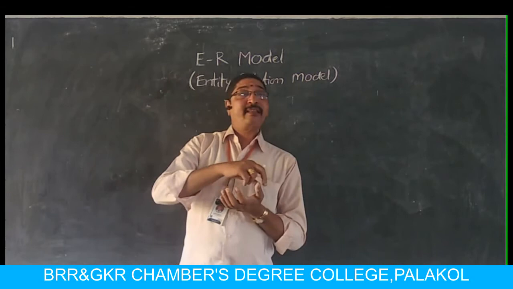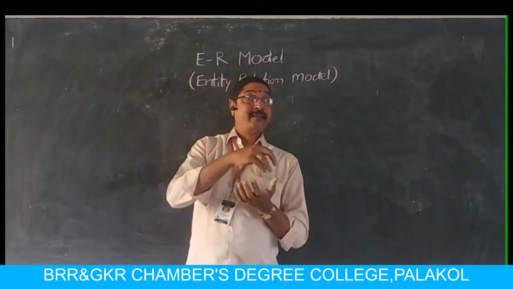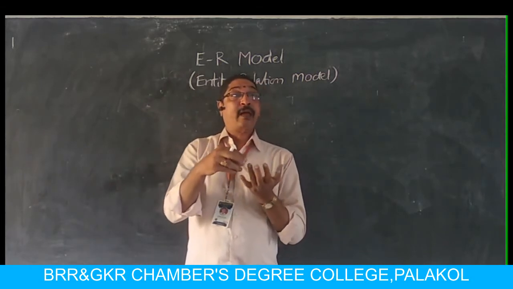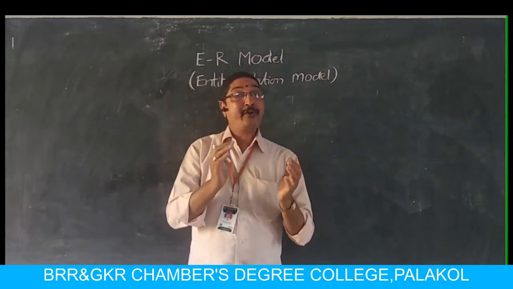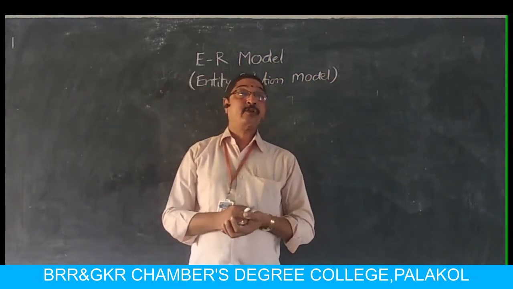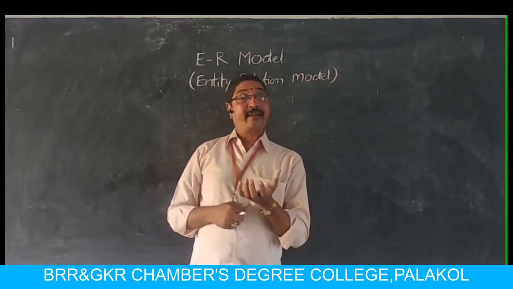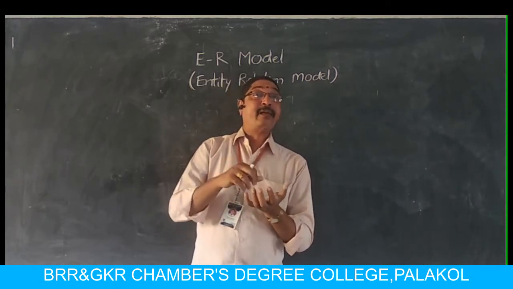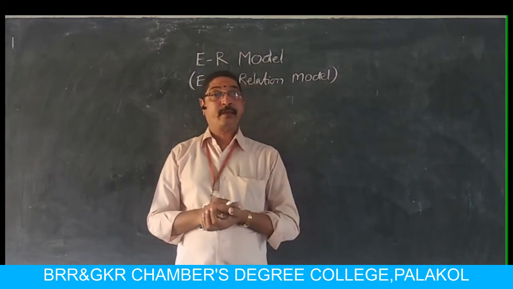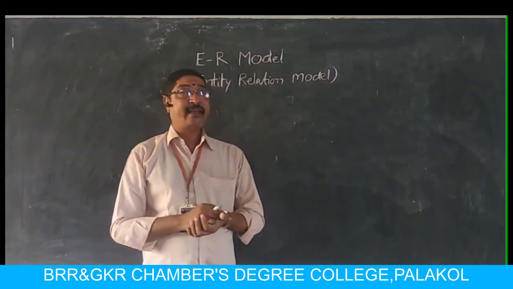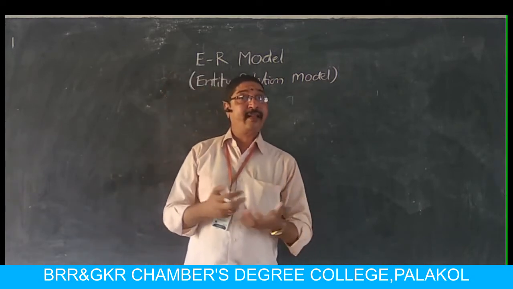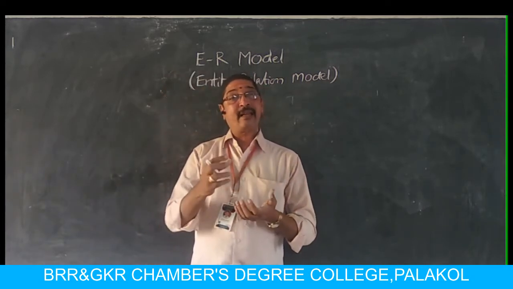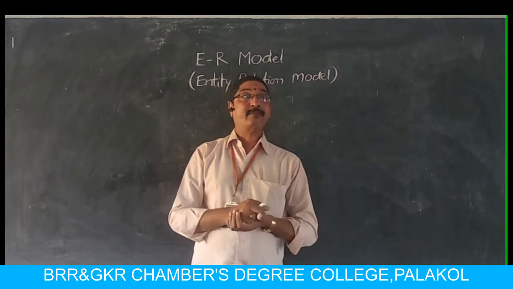And the remaining details, that means surname, name, father name, address, phone number, door number, these are all called attributes of that student. So if student is an entity, his details will be attributes. For example, surname is not an entity because surname doesn't have any other details. So surname is an attribute.